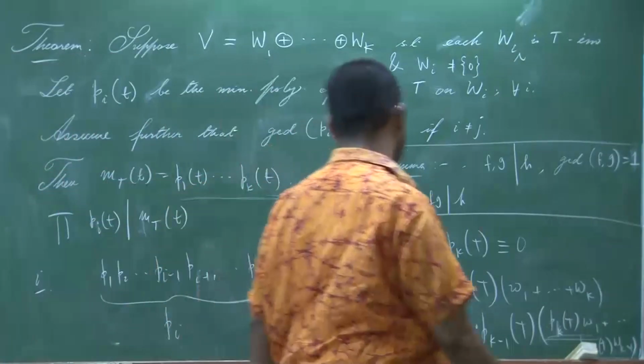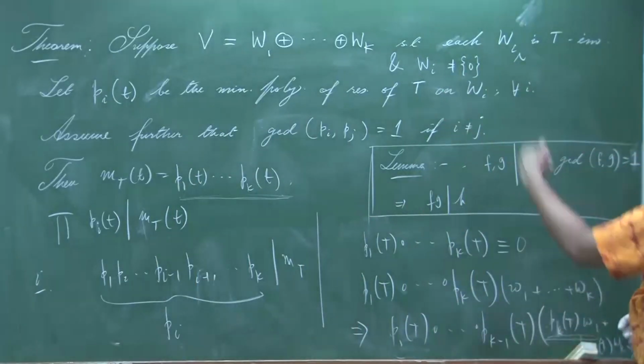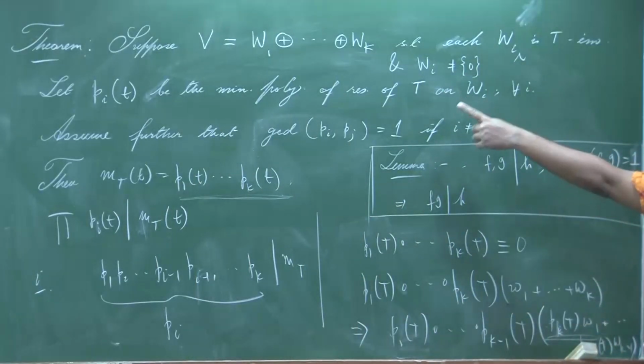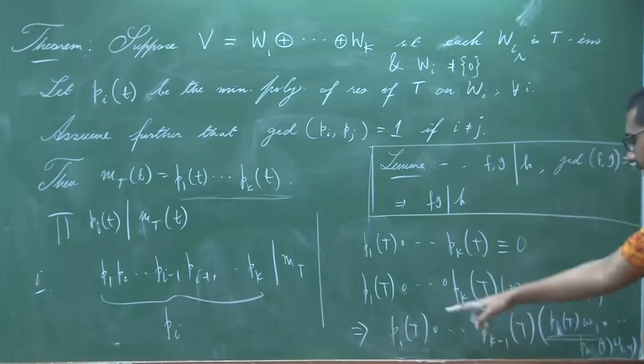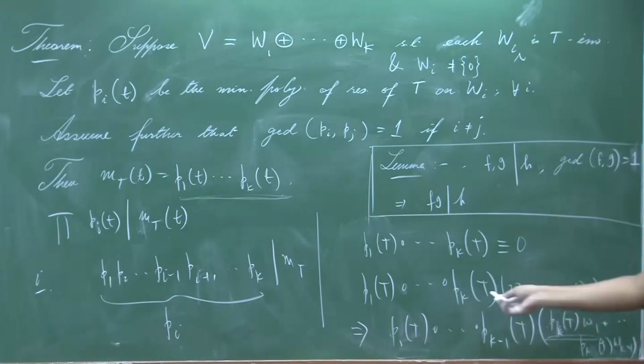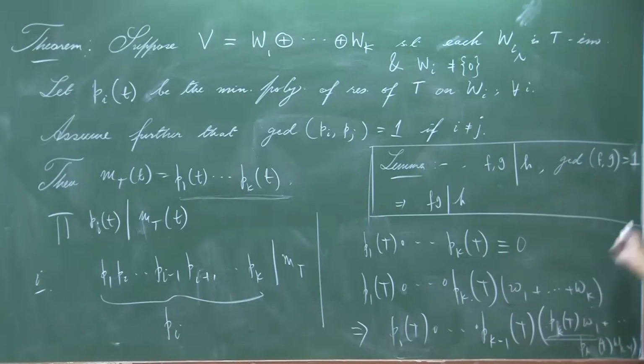So, to show an annihilating polynomial, we take a general vector v, decompose it as a sum of elements small w_i's. Now, when I apply the operator here, so p_k(T), when it comes here, it vanishes the term w_k.